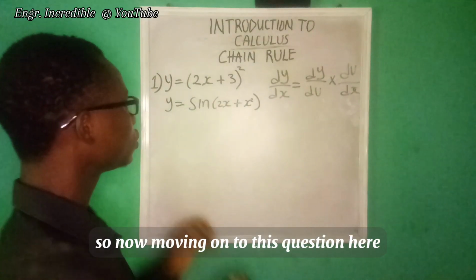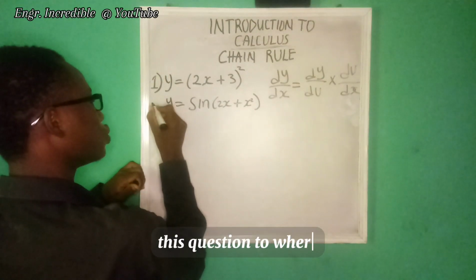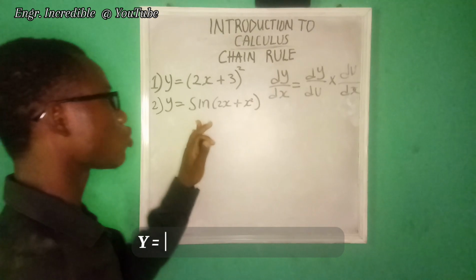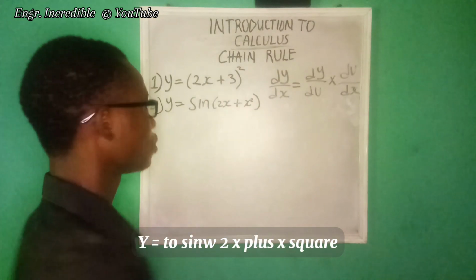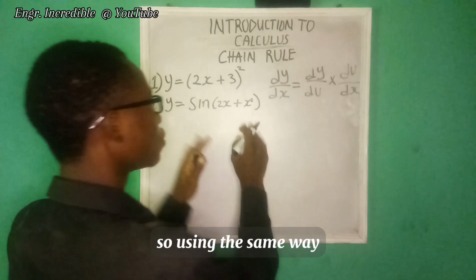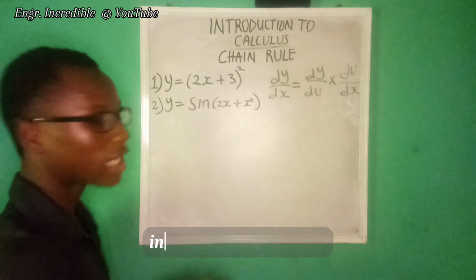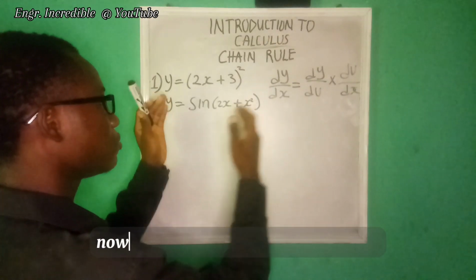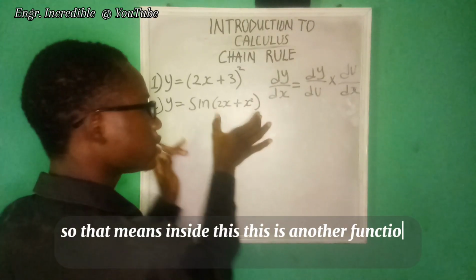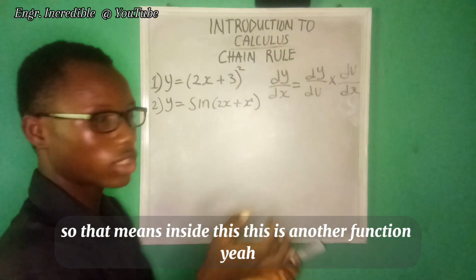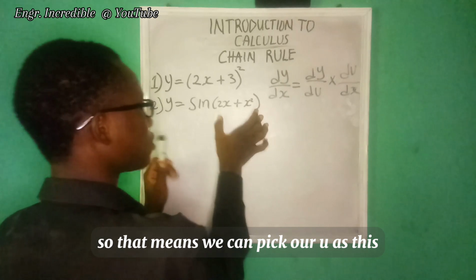So now moving on to question 2, where y is equals to sine of (2x plus x squared). So using the same way, we are going to pick the function inside the main function. Now the main function is sine. So that means inside this is another function here, so we can pick our u as this.